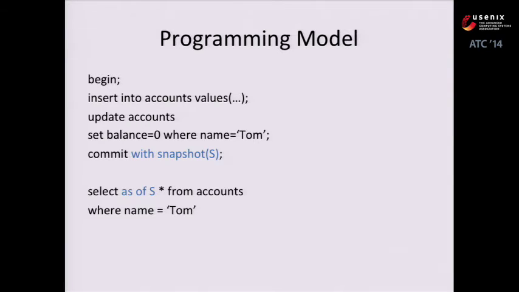And then if you want a snapshot, you commit with a snapshot, and you can provide some name for it. Later, if you want to query that snapshot, you simply provide that name back to a select. And then when that query is performed by the system, the data that it'll be accessing is the data that existed at the time that transaction committed.